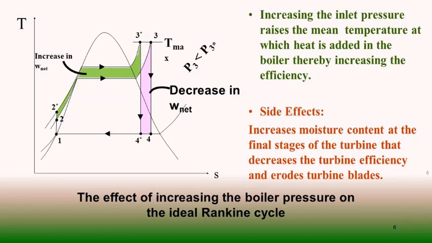So we continue to increase the pressure in the subcritical regime so long as the thermodynamic mean temperature at the point of heat addition increases, and when the increase is no longer effective, we do not increase the pressure. That's why the operating pressure of a subcritical steam generator is mostly found in the range of 158 to 160 kg per centimeter square.